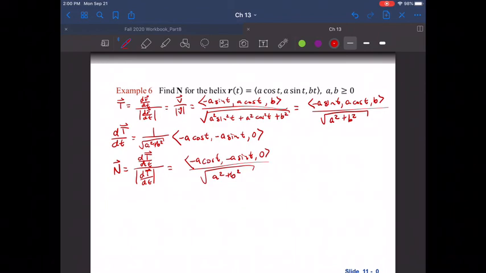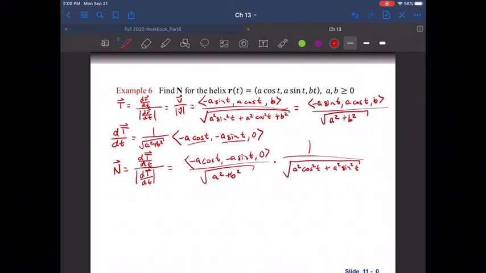And then we have to divide this by the magnitude of what we had before. And so again, this will be the square root, this time of negative a cosine of t squared, so that's an a squared cosine squared of t, and then this one squared is going to be plus a squared sine squared of t. And then 0 squared is just zero, so I'm not even going to write it.